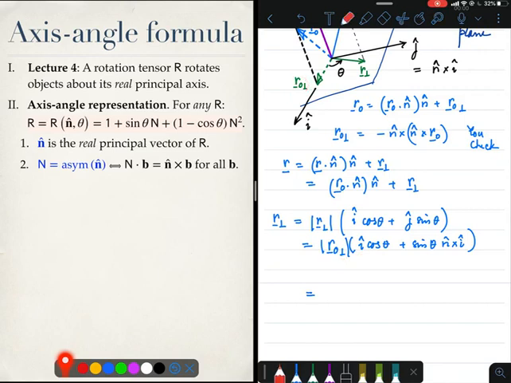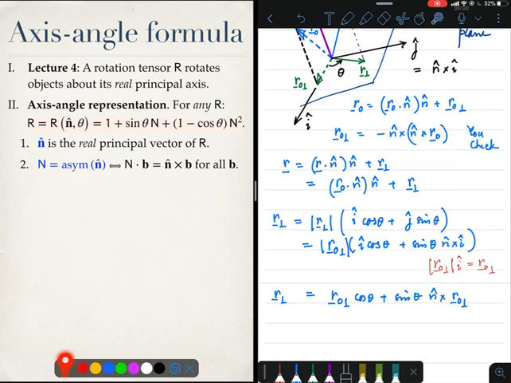So let me write that out here. r0 perp along I is simply r0 perp. So I get r perp to be r0 perp cosine theta plus sine theta n cross r0 perp. Okay, so that's good.